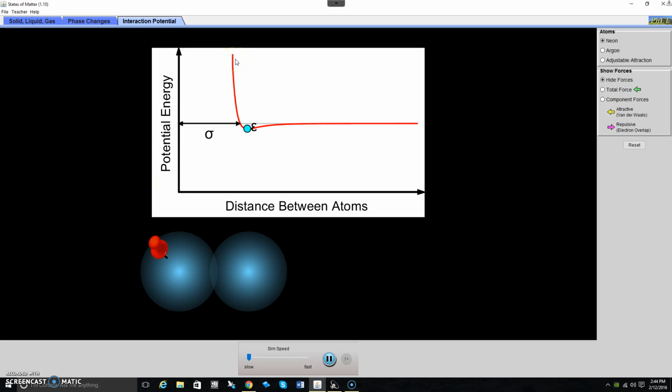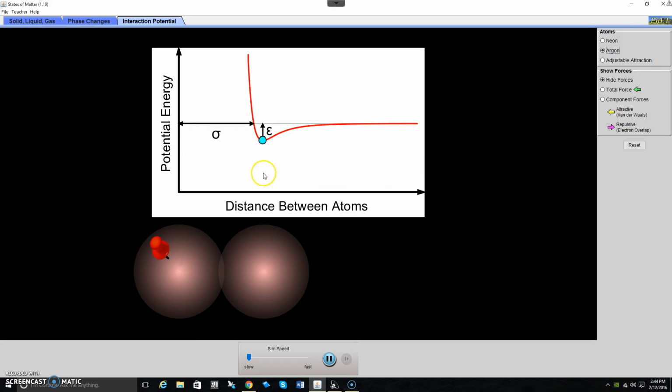So for neon, we can see that the potential energy well is relatively shallow, and we can observe the distance here, and then we can compare it to argon, and we see that argon has a greater distance between atoms, and we also see that the potential energy well for argon is much deeper than the potential energy well for neon.